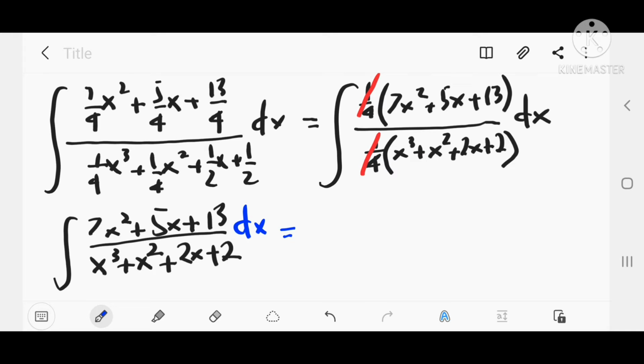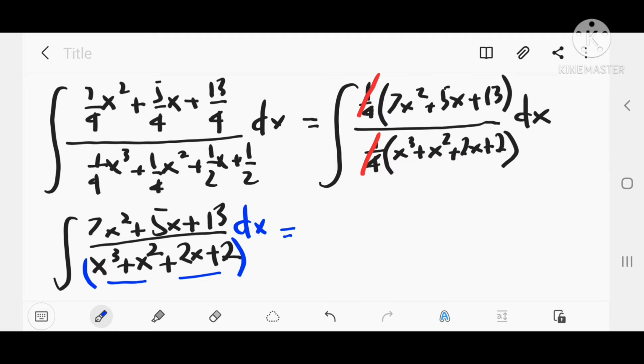So here we now factorize the denominator. I've already explained this in my previous video, so you can go back to it. Click on the link as shown in the description if you want to know how to factorize this.